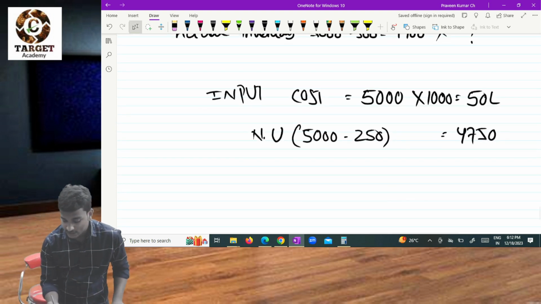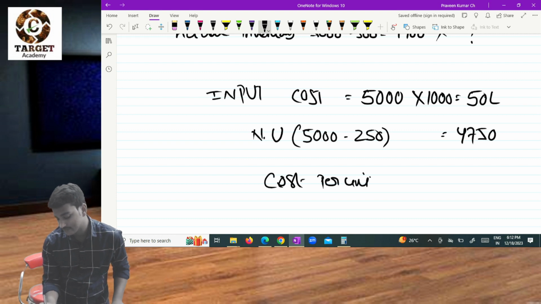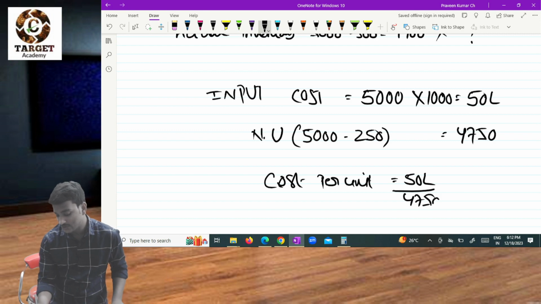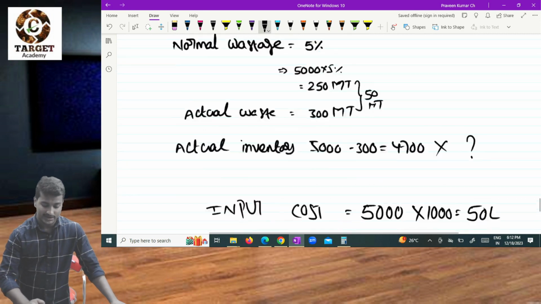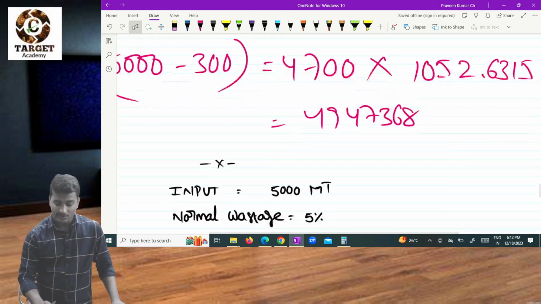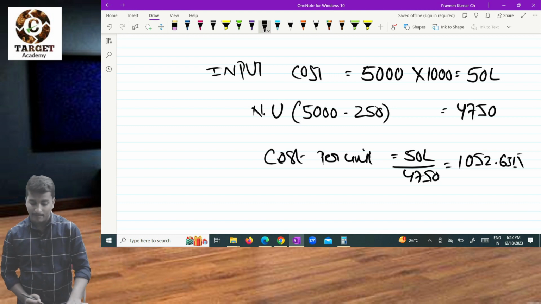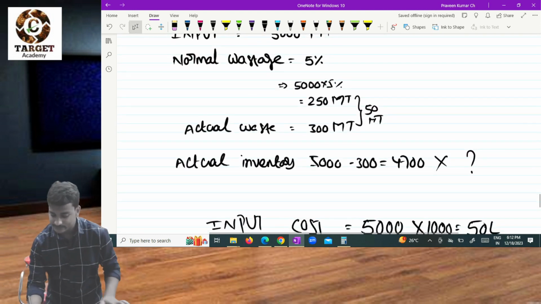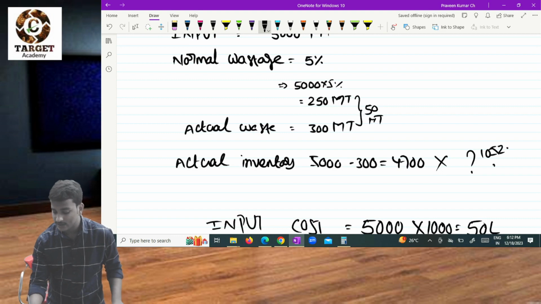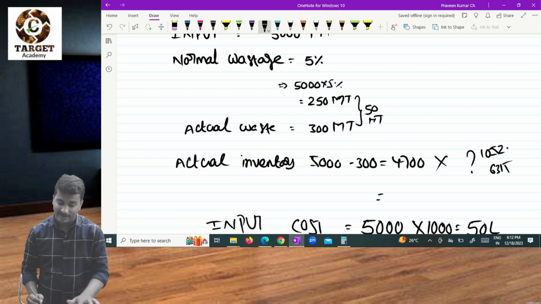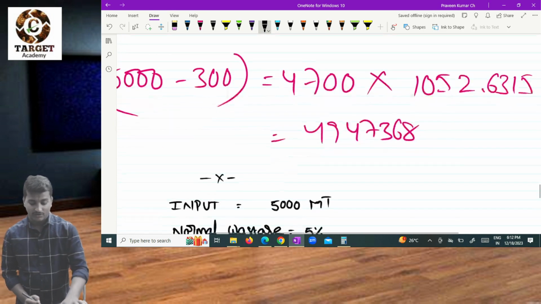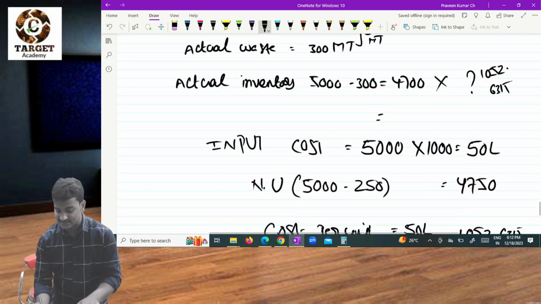Now find out cost per unit: 50 lakh by 4750. Just now we found out 1052.6315. So apply the same value here and tell me your inventory value. How much? 4947368. Yes, correct answer.